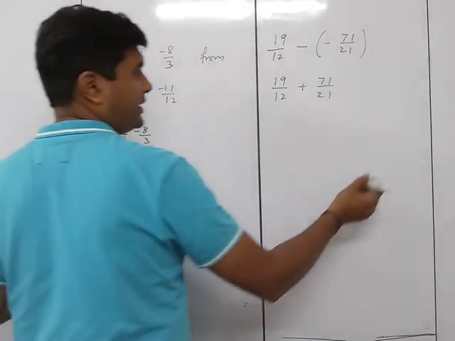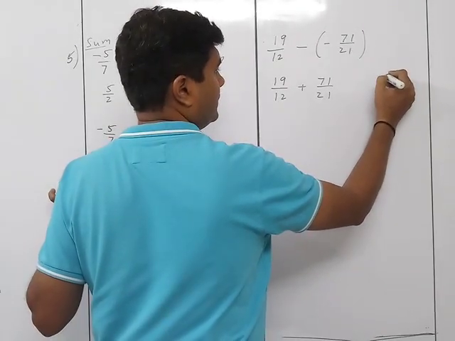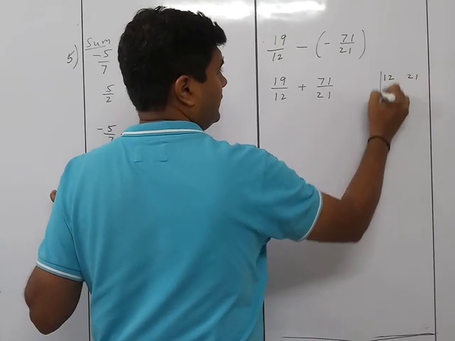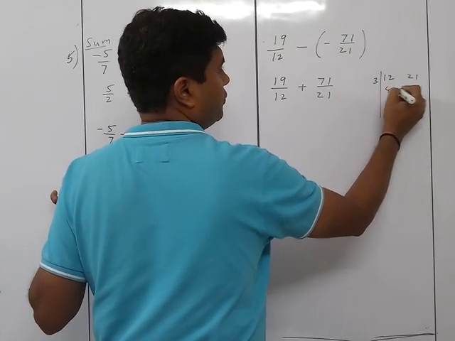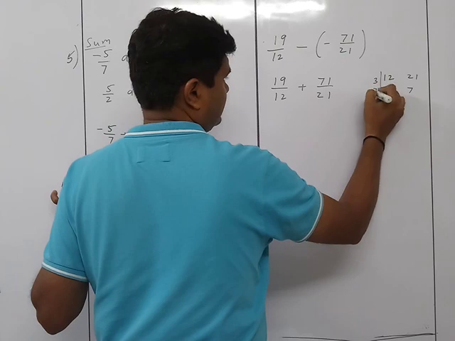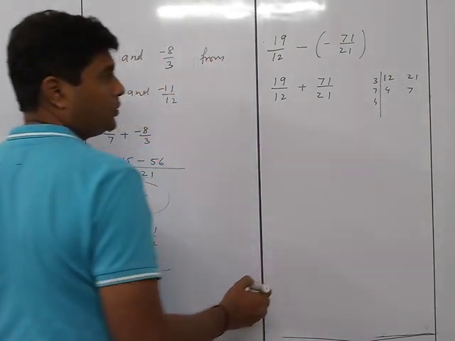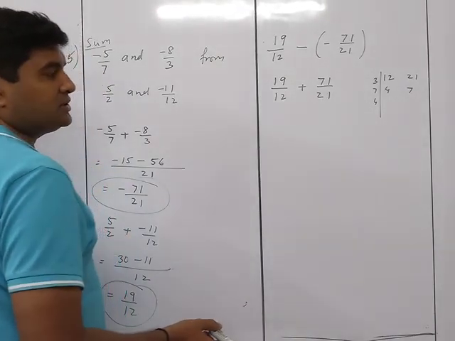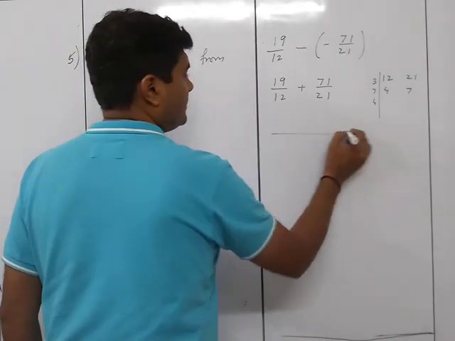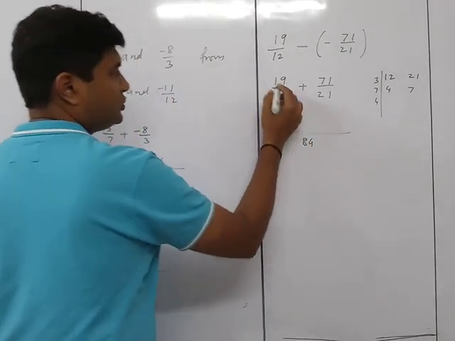We take the LCM again. If we take the LCM of 12 and 21, divide by 3, you get 4 and 7. So we take out 7 and 4 itself. So 28 into 3 or 21 into 4 is 84. So the LCM will be 84. This has to be multiplied by 7.